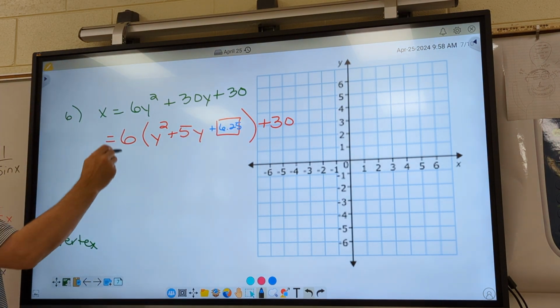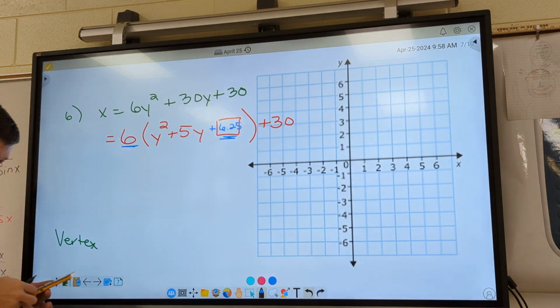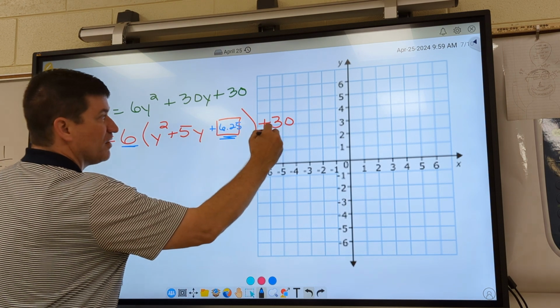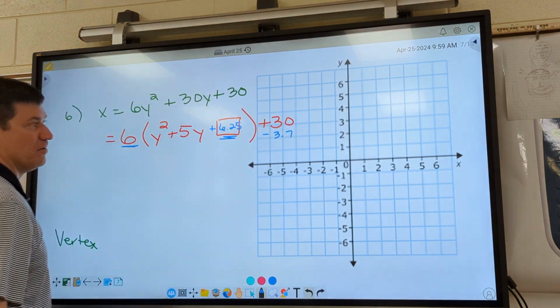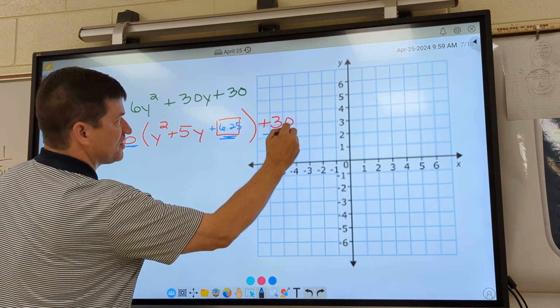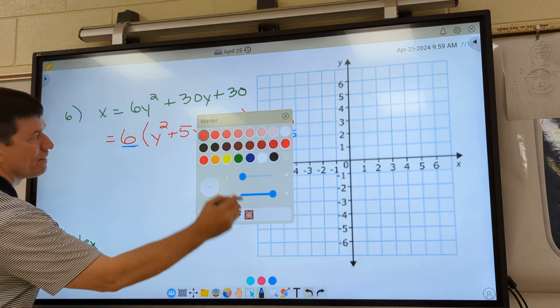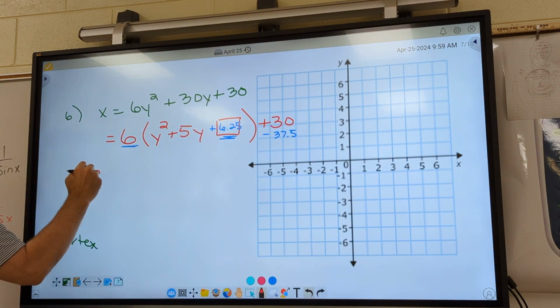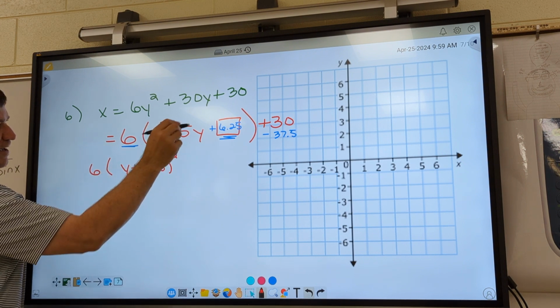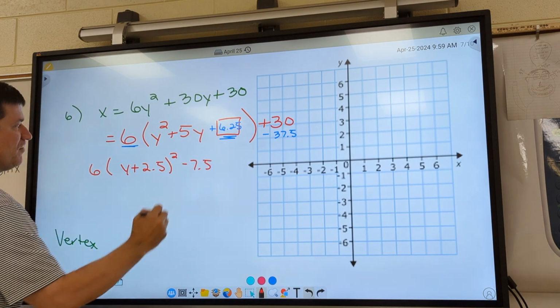Now remember, guys, 6 times 6.25 is 37.5, so we need a negative 37.5 over here. All right, so it looks like this one might have decimals everywhere. All right, so I got 6. I got y plus 2.5 squared, and that's going to be a negative 7.5 over there.